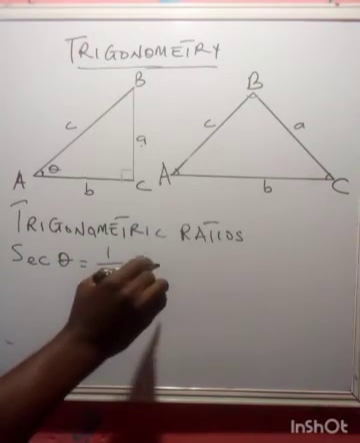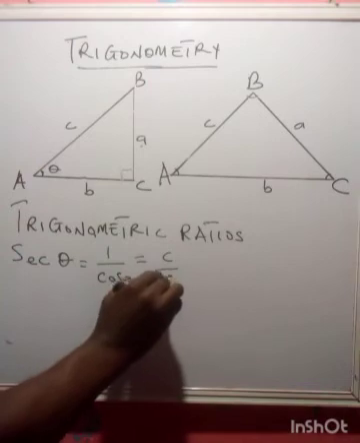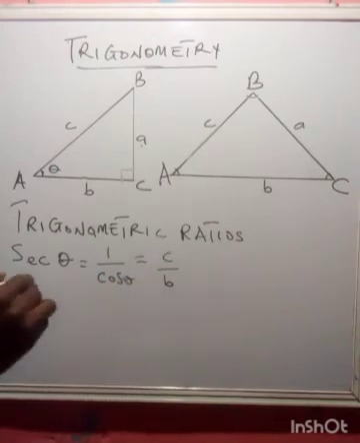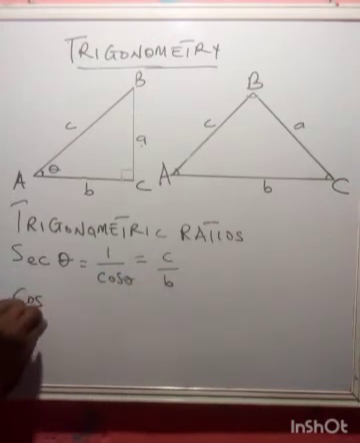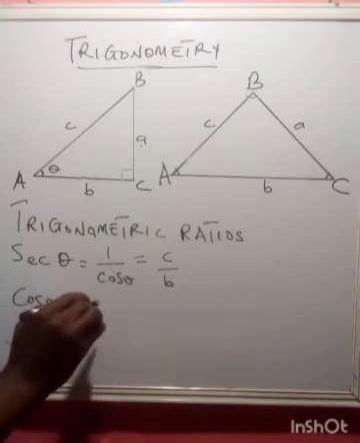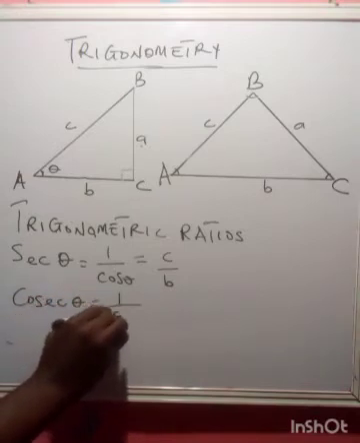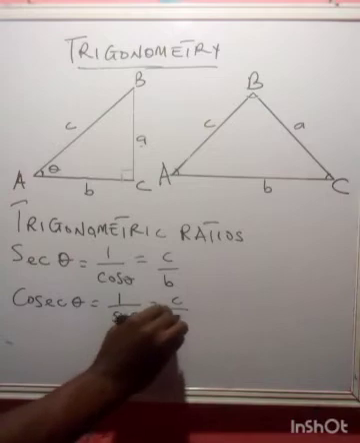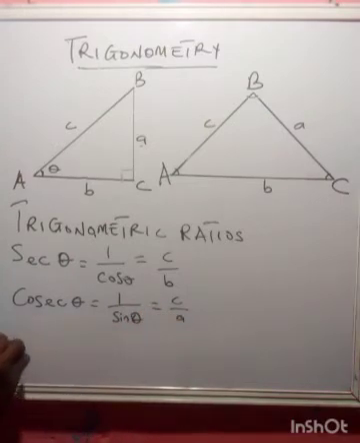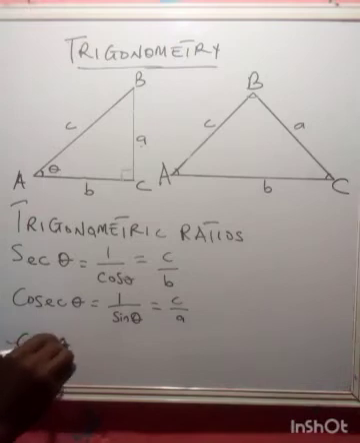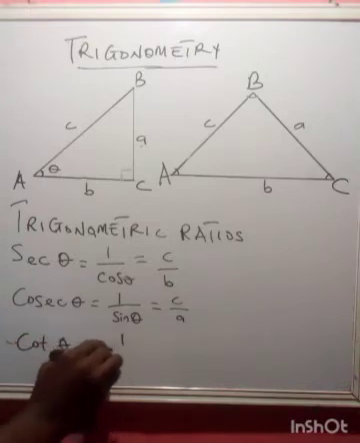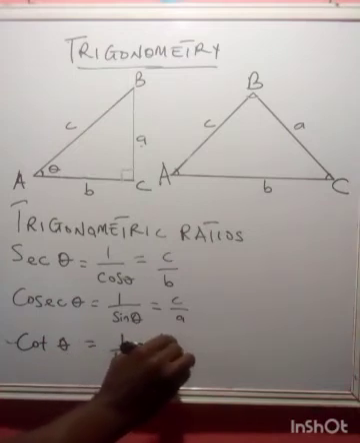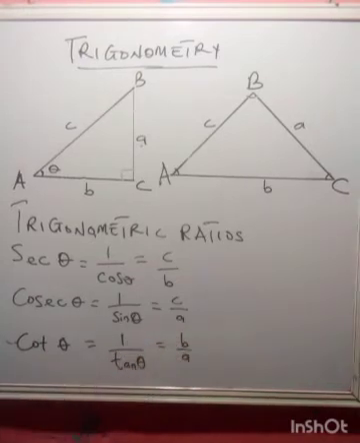This is equal to C over B. We also have cosec theta, which is the same thing as 1 over sine theta, the same thing as C over A. And the last for now, cot theta, equal to 1 over tan theta, which is B over A.